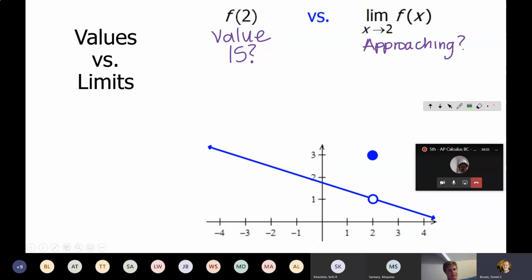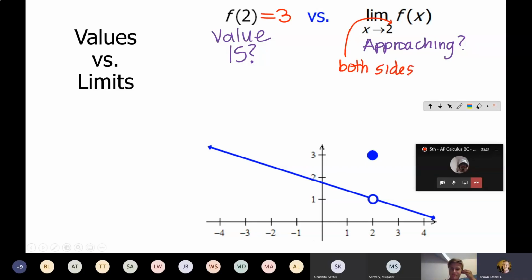So if I'm looking at this graph, this is a linear function. There's a hole at x equals 2 and then a point defined. We have the value of the function. The value of the function is 3. That is where the actual function is located. The limit of the function, again, we do have to always check the left and the right, so we do have to consider it from both sides.